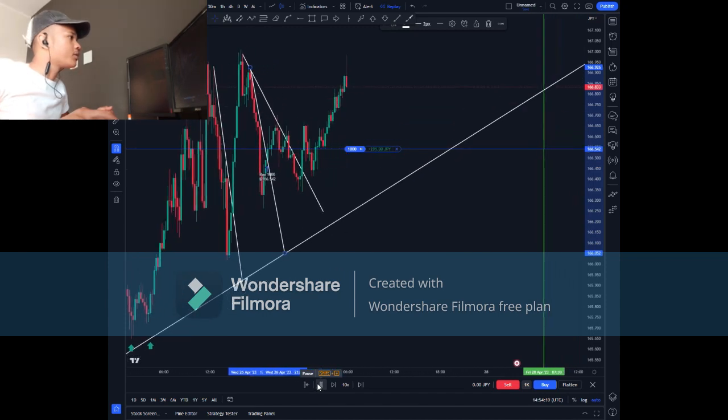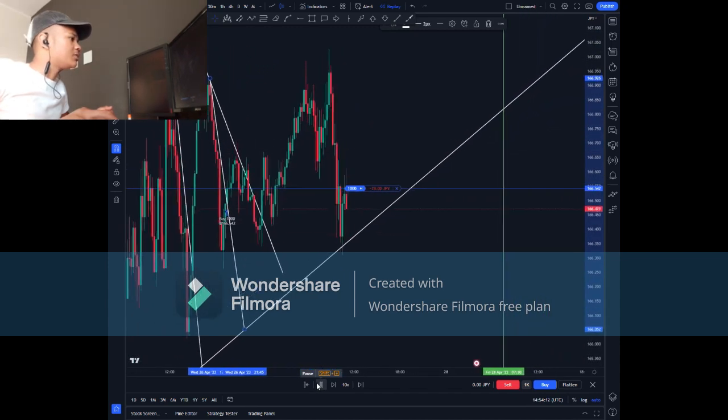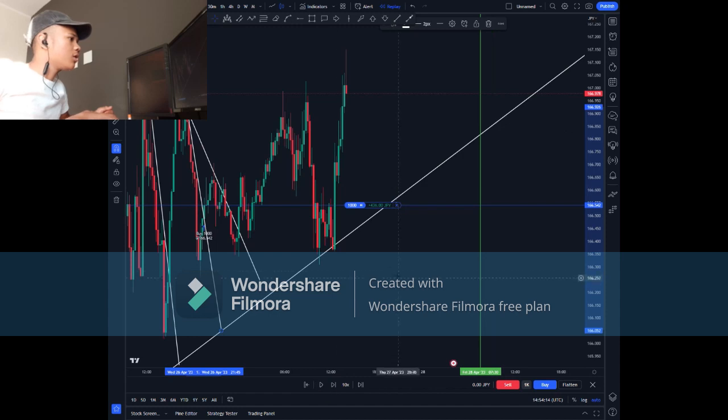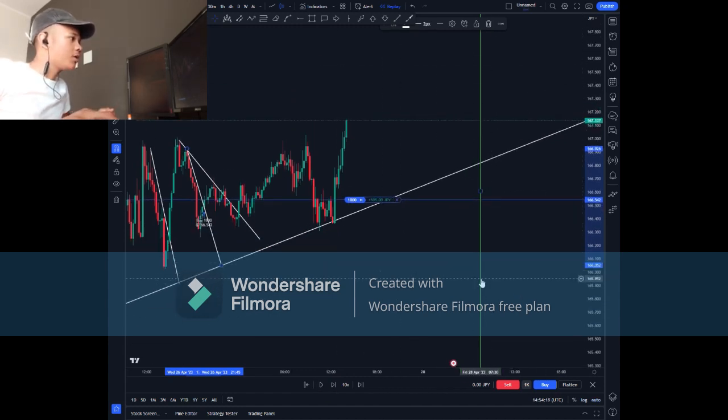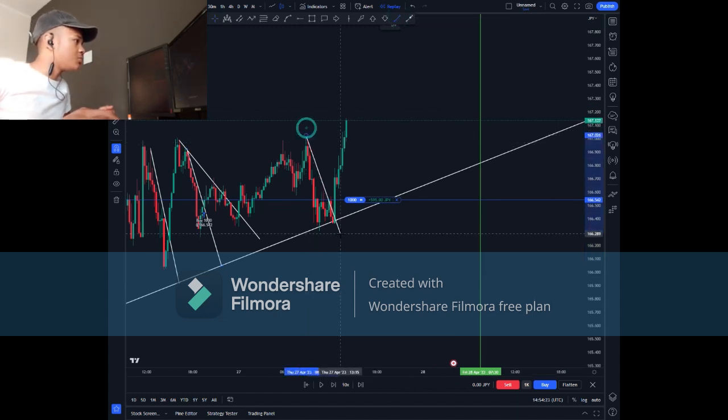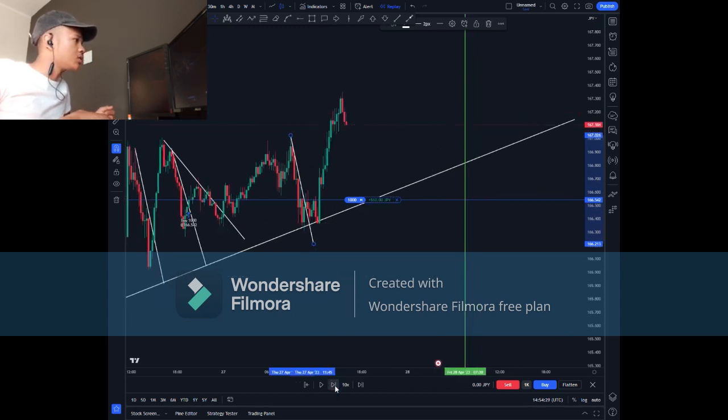Bam! As you can see, okay. And the profits are reaching our first line here. Reaching our first line, you can see. Nice big retest. This is actually nice.